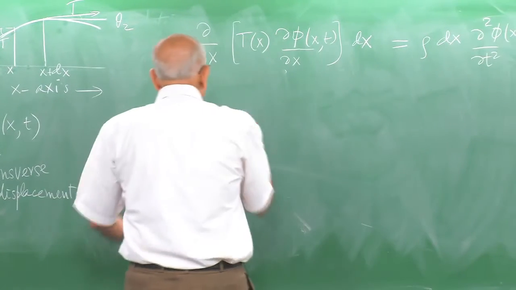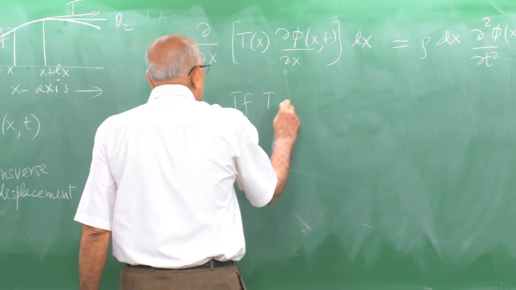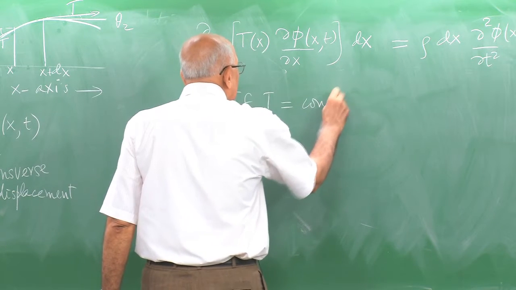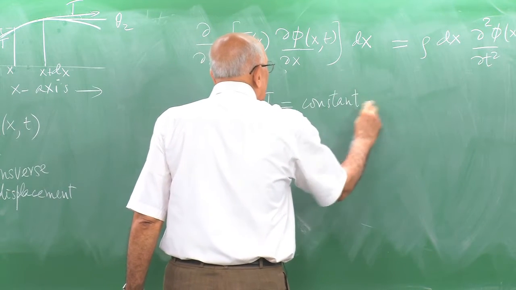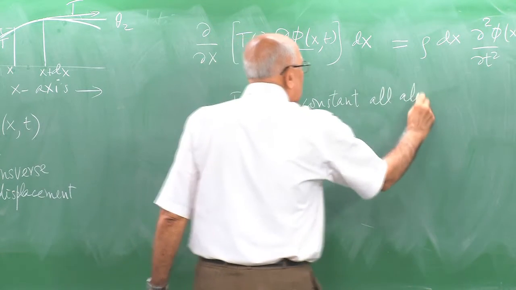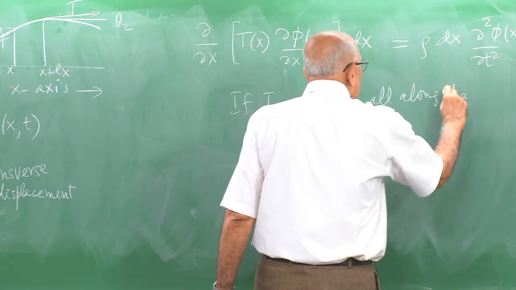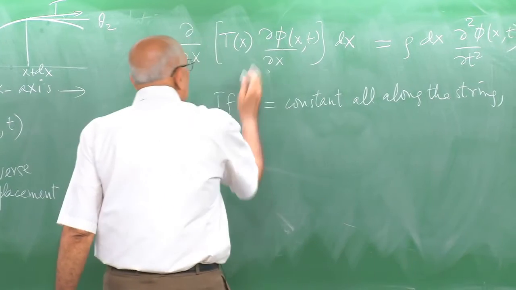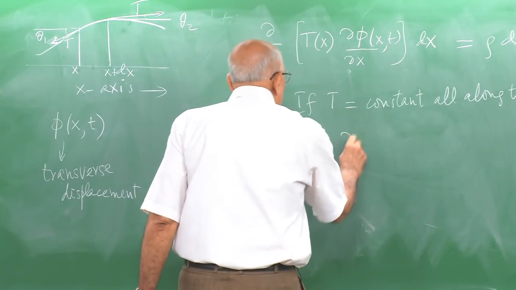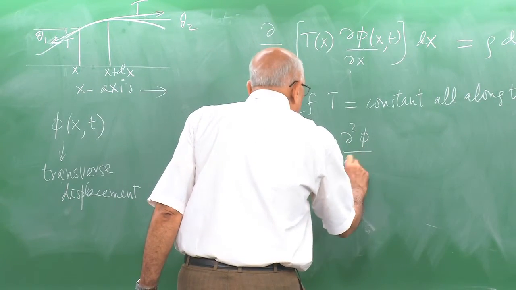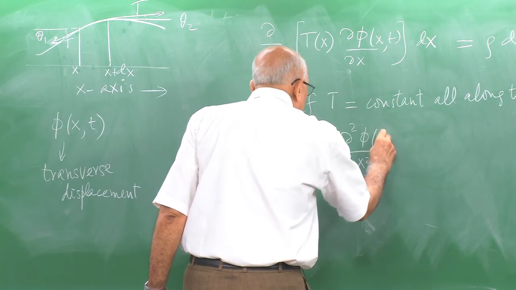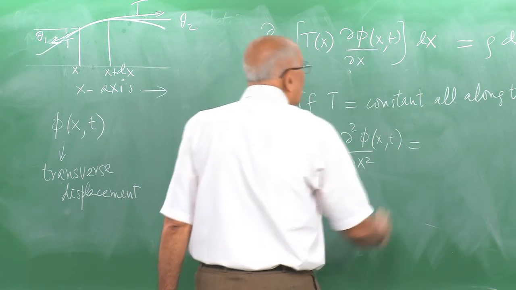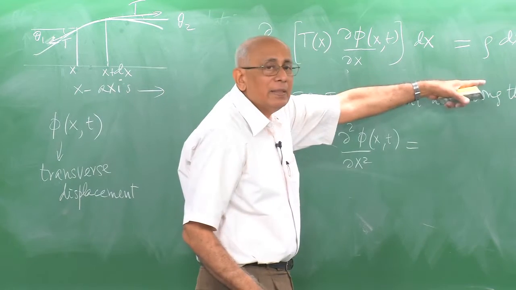If T is constant all along the string, then bringing T out, it says delta 2 phi over delta x2, which is a function of x and t, equals rho divided by T times delta 2 phi over delta t2.